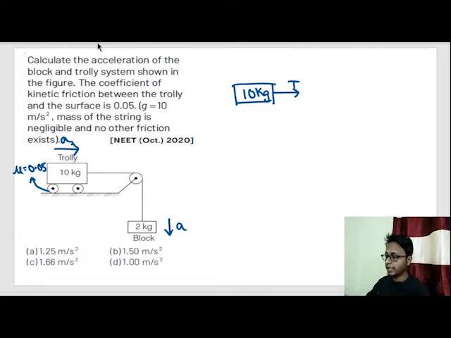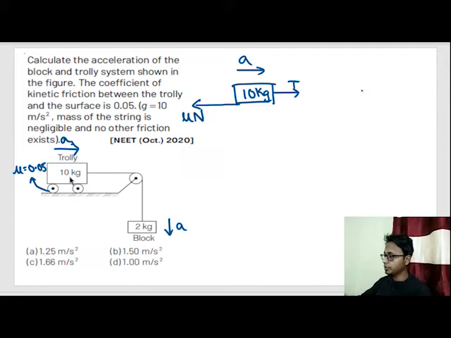Since the string is pulling, there is a friction force because this trolley is trying to slip over this surface. This friction force will act in the direction so that it opposes the slipping. The friction is mu n.